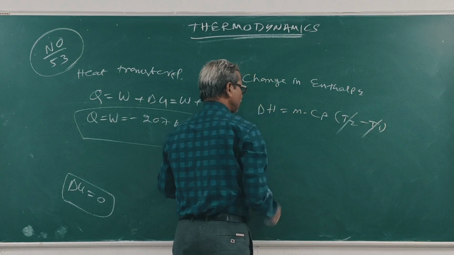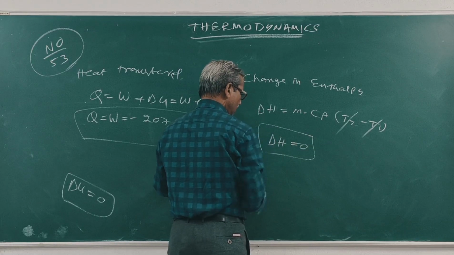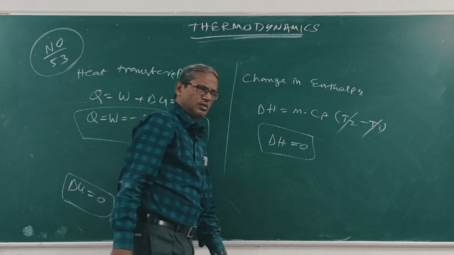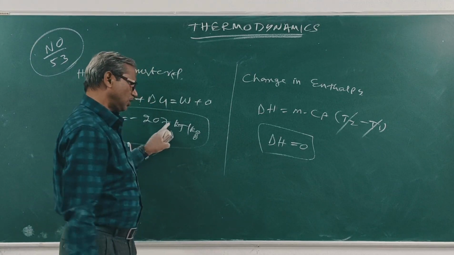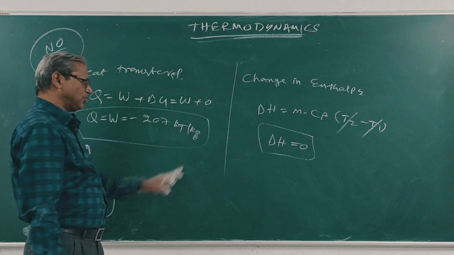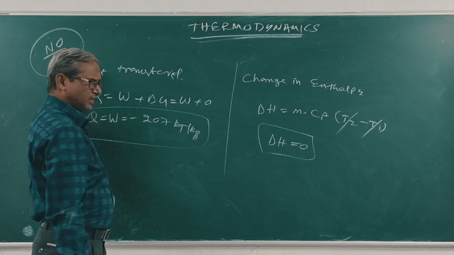This is 0. Right? This gives Q, W, del U, del H. Right? This is question number 53.